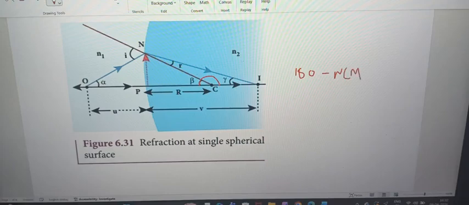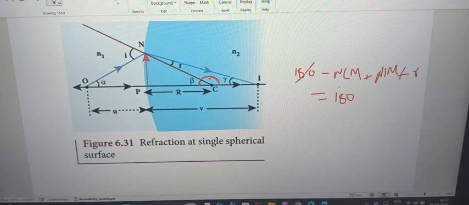So to get NCI, I am writing it as 180 minus NCM, and this angle is nothing but NIM, so plus NIM, and then plus R. This all is equal to 180 degrees, because in a triangle all the angles add to 180 degrees.